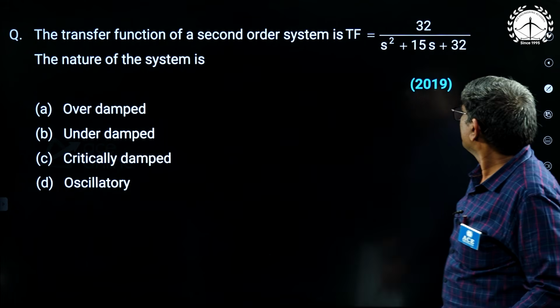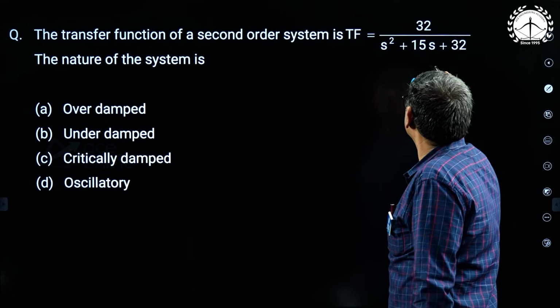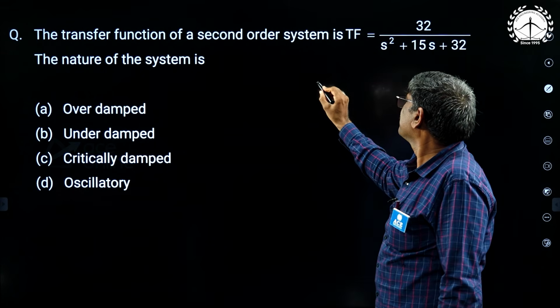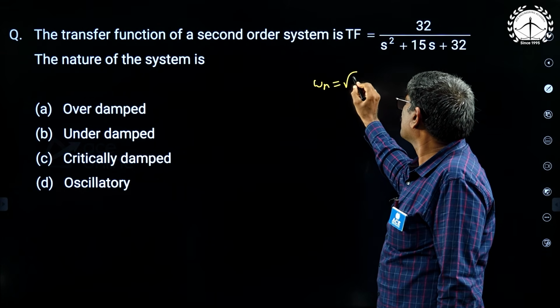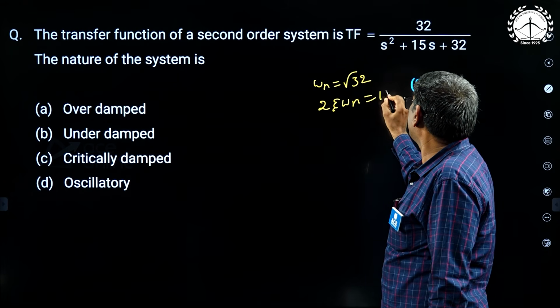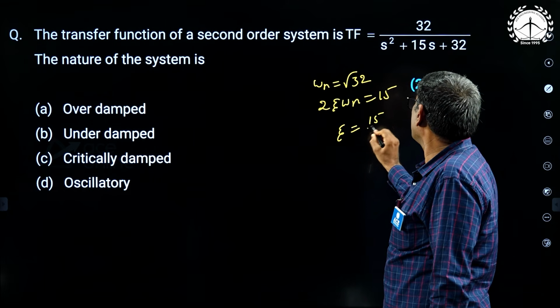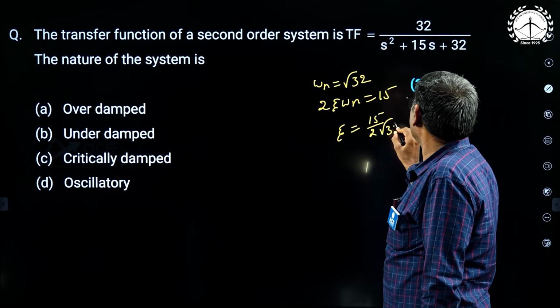Next. Here is the transfer function of a second order system, and we have to find the nature of the system. Omega n equals root 32. 2 zeta omega n equals 15. So zeta equals 15 by 2 into root 32.